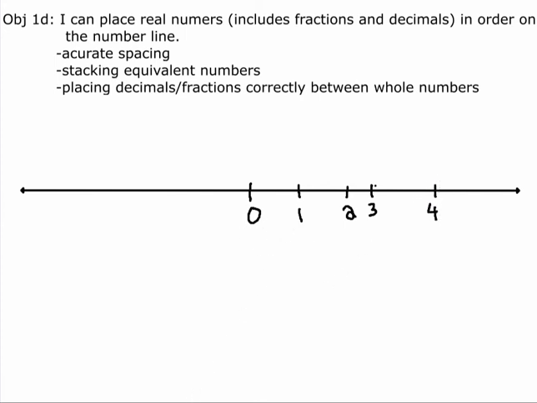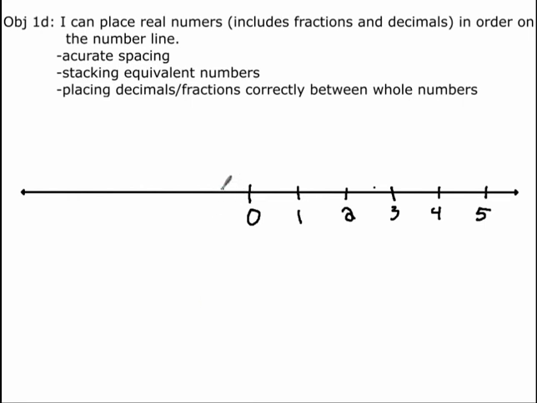We want to keep them all the same distance away. And when we head the other direction, we still want the same spacing over here. So -1, -2, and so forth.